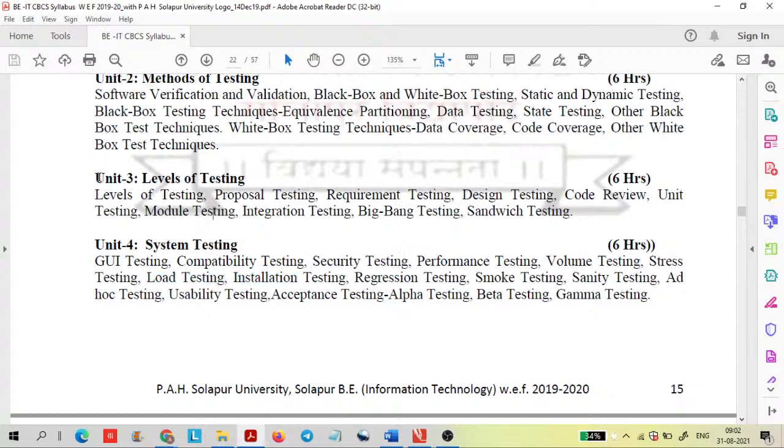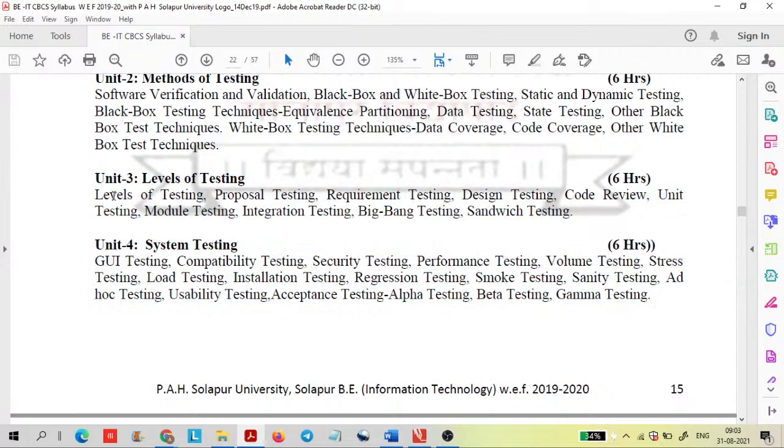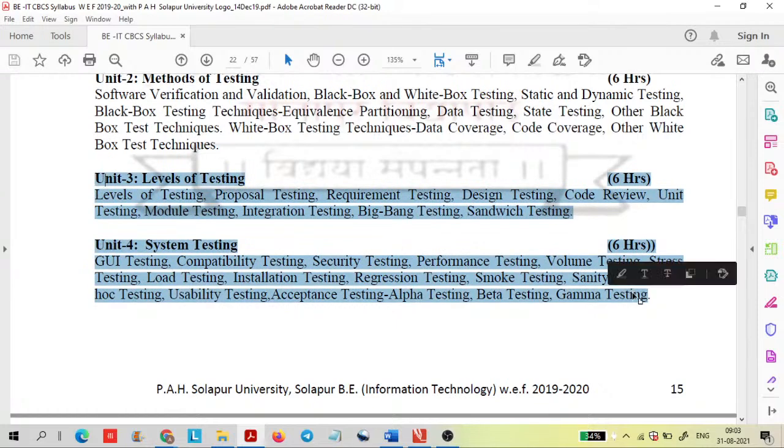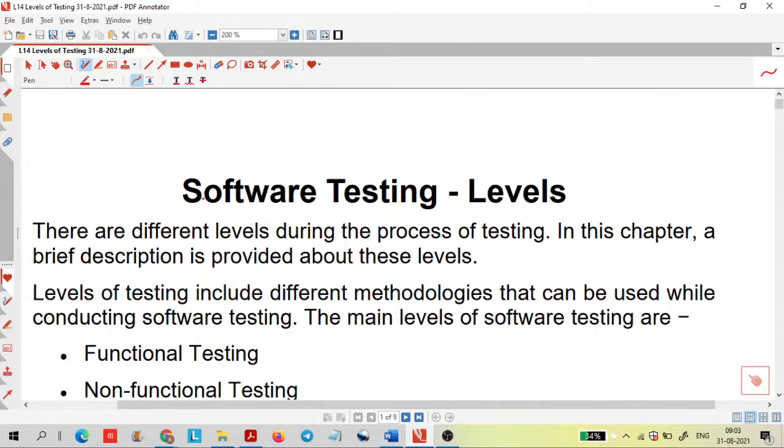So in these two chapters we'll study different levels of testing. There are more than 100 different testing methods.